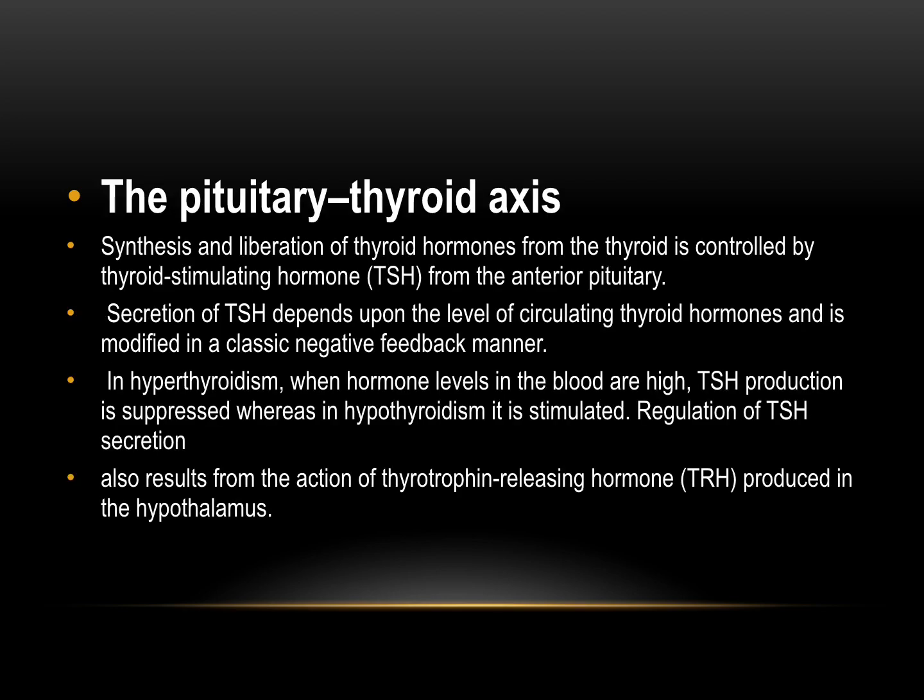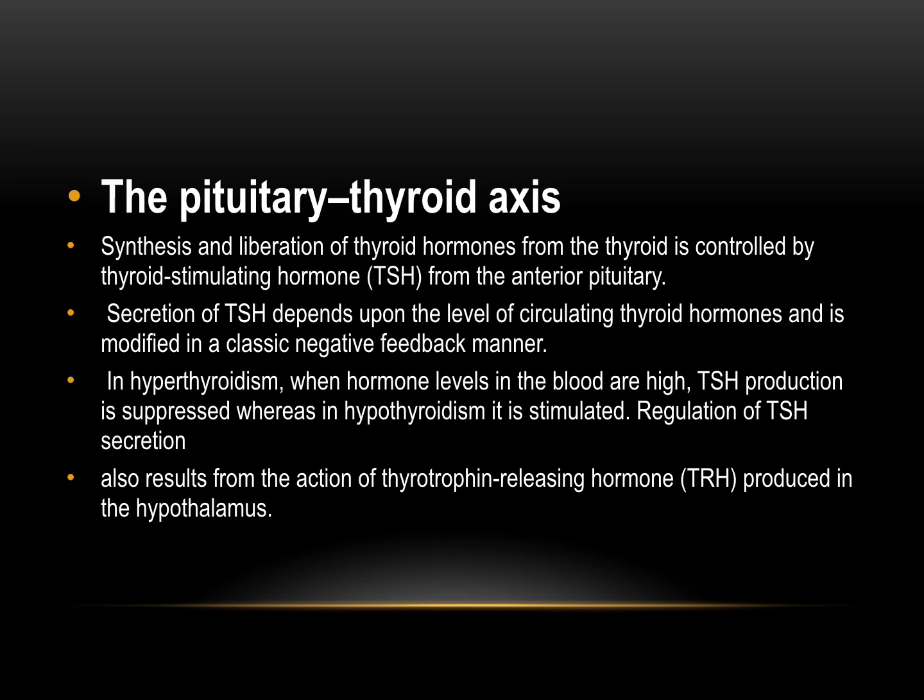Pituitary thyroid axis. Synthesis and liberation of the thyroid hormone from the thyroid is controlled by TSH, thyroid stimulating hormone, from the anterior pituitary. Secretion of TSH depends upon the level of the circulating thyroid hormone and is modified in the classic negative feedback manner.